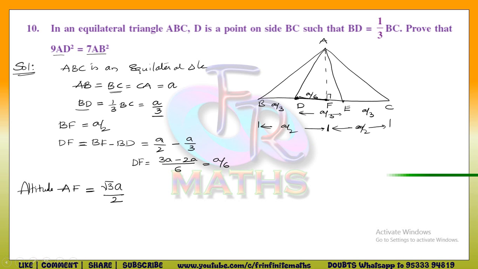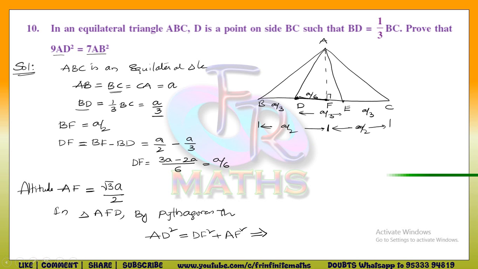Now if you observe this, in triangle AFD, clearly triangle AFD is nothing but a right angle triangle. So now you might have understood why we are considering the altitude here. So in triangle AFD, simply by applying Pythagoras theorem, AD square, that is nothing but hypotenuse, is equal to DF square plus AF square.